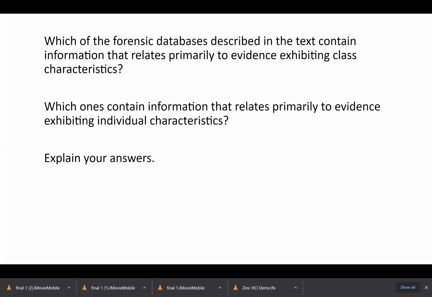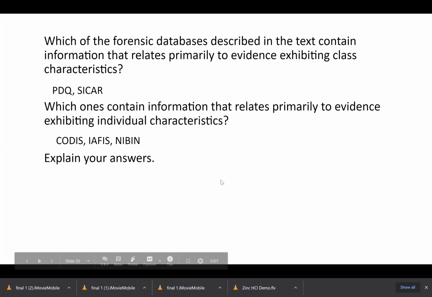Which of the forensic databases described in the text contain information that relates primarily to evidence exhibiting class characteristics? The PDQ and SICAR, class characteristics. Which ones contain information that relates primarily to evidence exhibiting individual characteristics? CODIS, AFIS, and NIBIN.